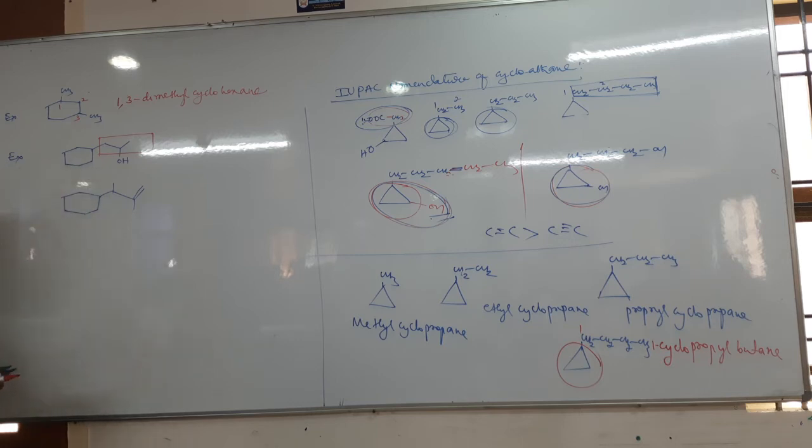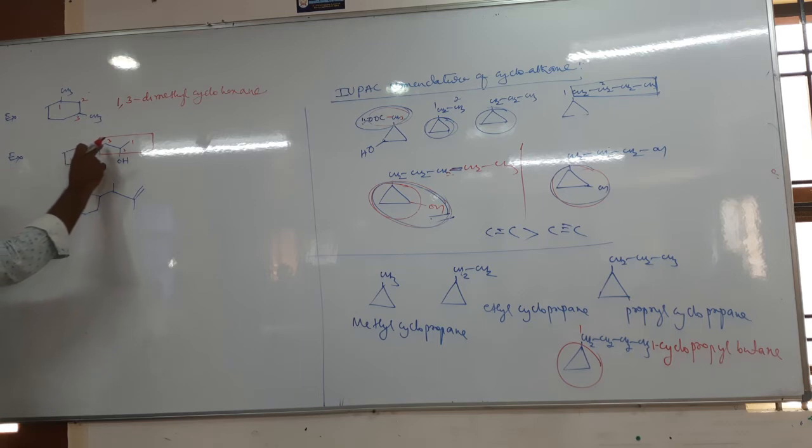Now numbering, tell me. Numbering should start either from the cyclic ring or towards OH. Because again normal rules: it is a substituent, it is a functional group. Therefore the functional group should get the least possible number. Hydroxy means alcohol gets 2.